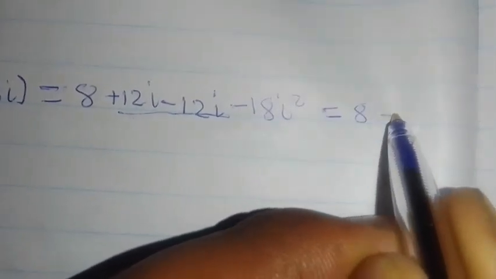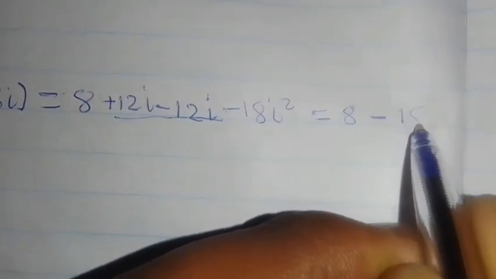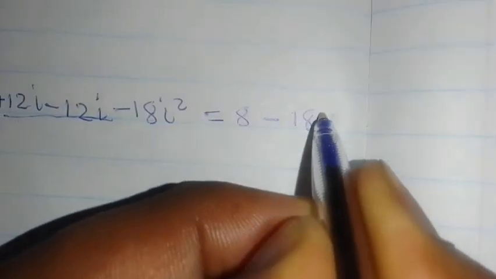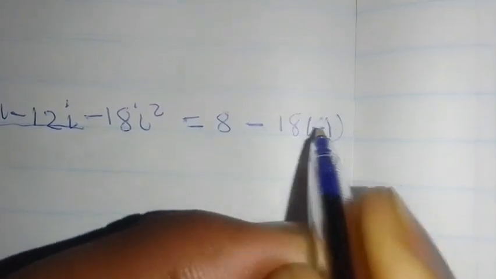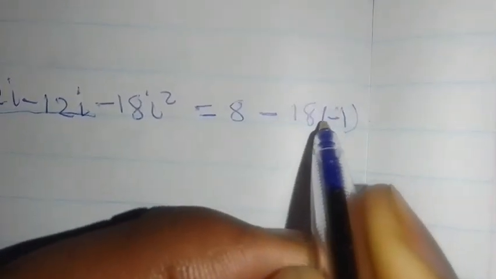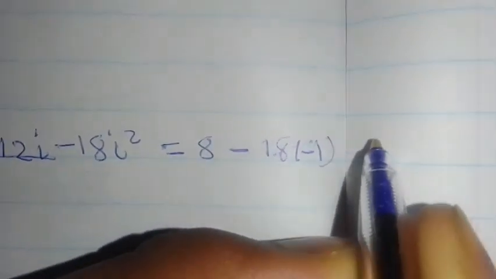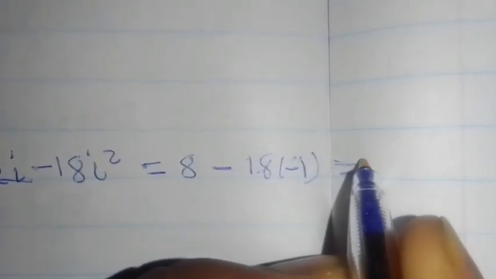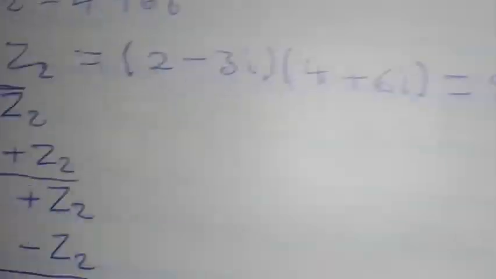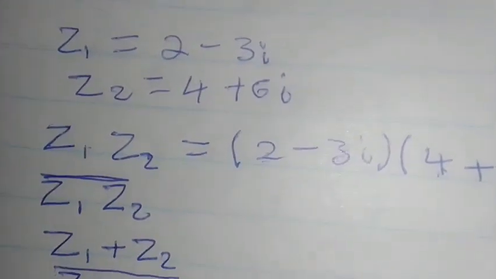So you have 8 minus 18 multiplied by minus 1. So negative and negative will give you positive. So that's the same as you're just gonna have 8 plus 18. And when you do that, you're gonna have 26. So that means that when you multiply Z1 and Z2, you're going to have 26.